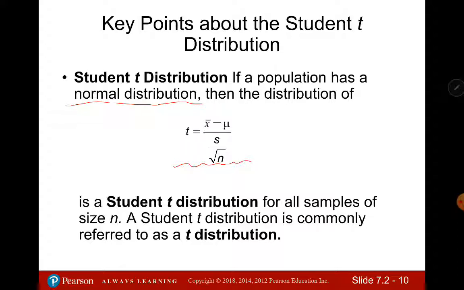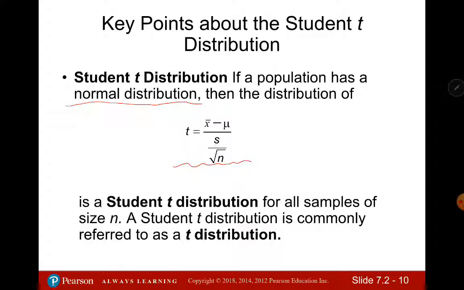From this formula, you will realize the mean of this distribution is still mu, but the standard deviation is not sigma divided by square root of n.